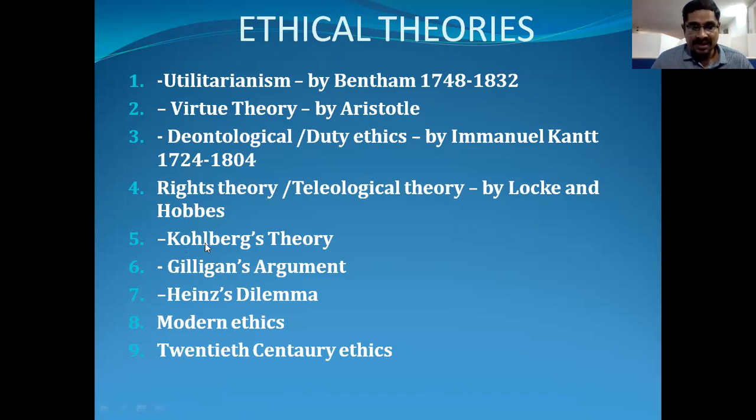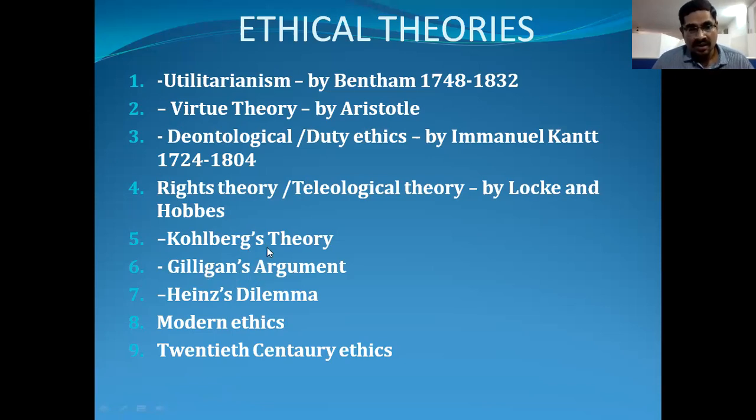Next, these three have the same concept, but there are slight differences: Kohlberg's theory, Gilligan's theory, and Heinz dilemma or Heinz theory. Kohlberg is a great personality from olden times. Gilligan is a female, a student of Kohlberg's.